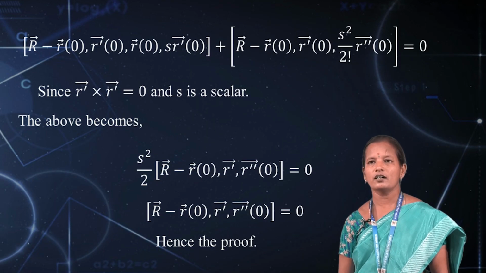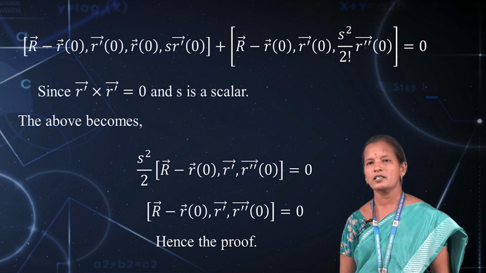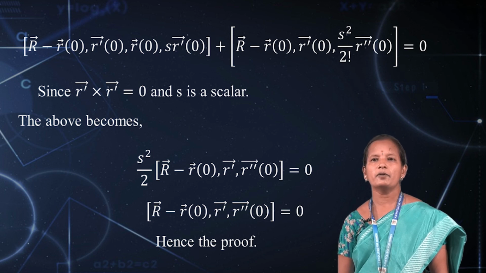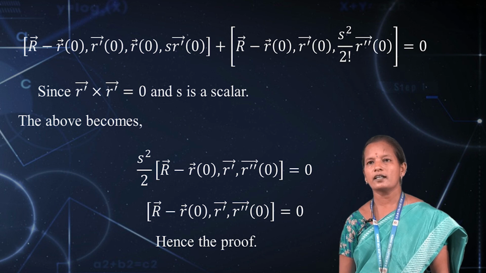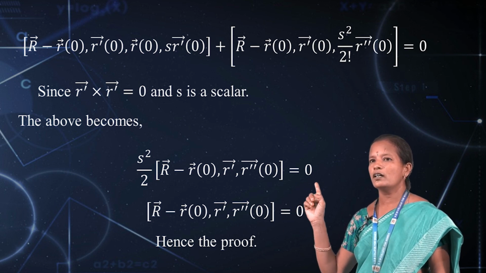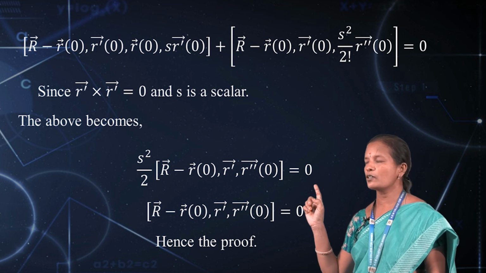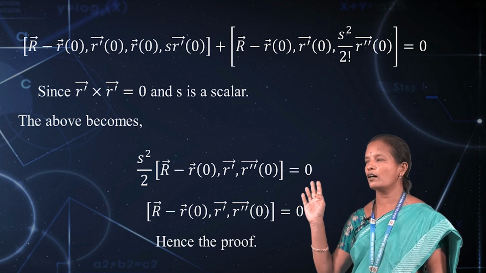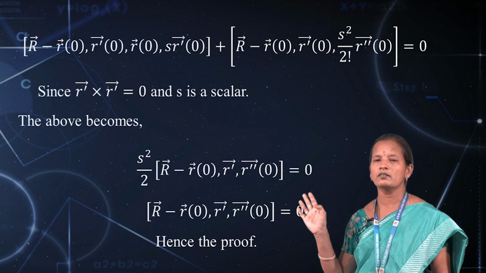Simplifying the above box value, we get the box value of R minus r of 0, r dash of 0, s into r dash of 0, plus the box value of R minus r of 0, r dash of 0, s squared by 2 factorial r double dash of 0, equal to 0.